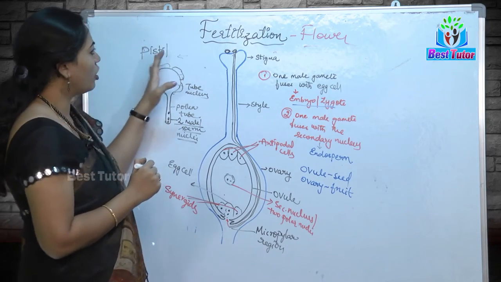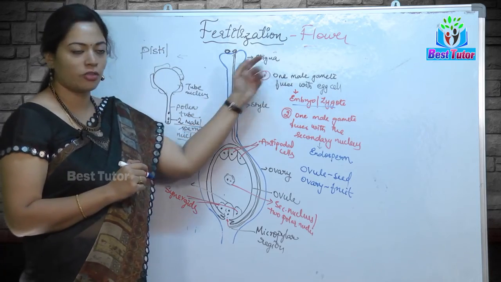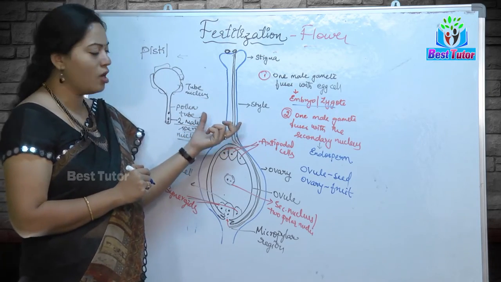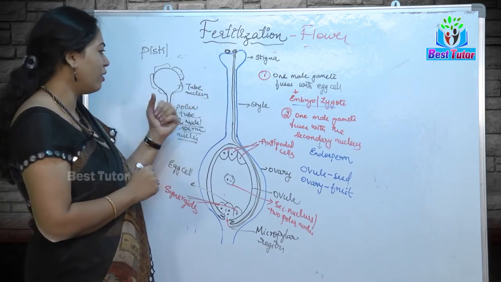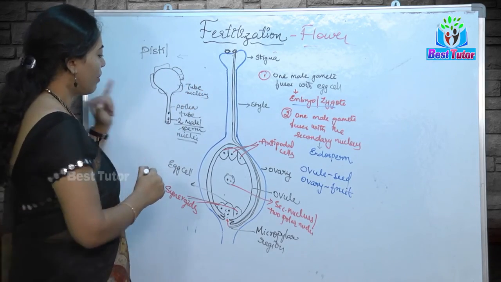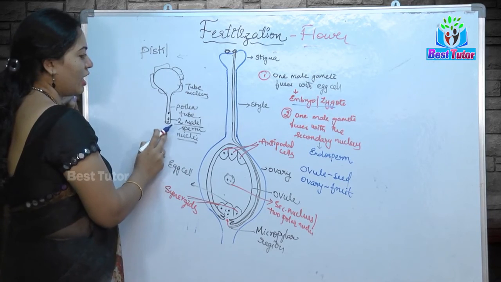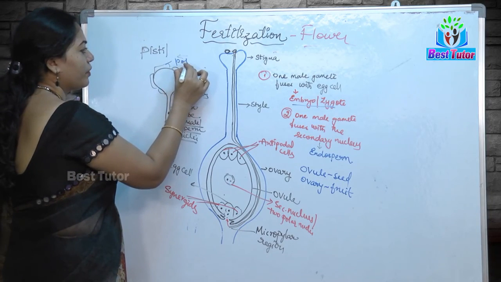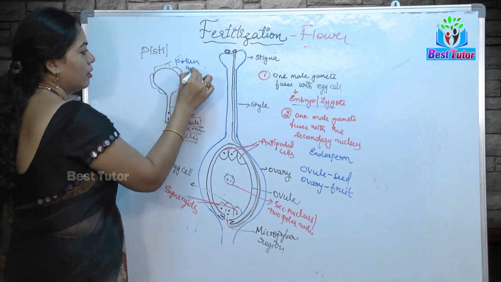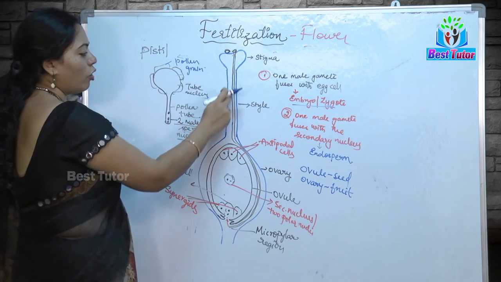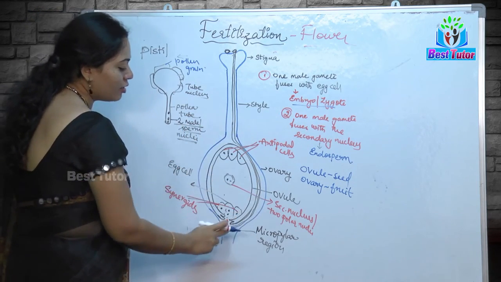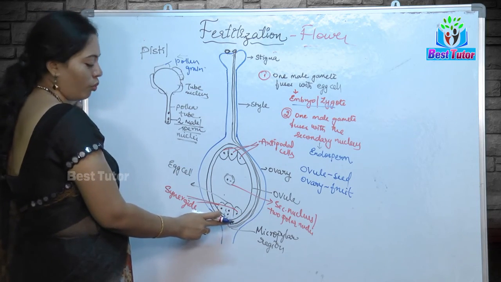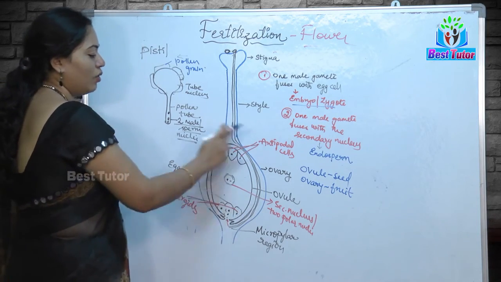So this is about the fertilization which occurs in a bisexual flower. This is a bisexual flower where you have both the male gametes and female gametes present in the same flower. The 2 male gametes which are there inside the pollen grain rupture the wall of the stigma and pass through the style and enter the micropylar region of the ovule, which is present inside the ovary.